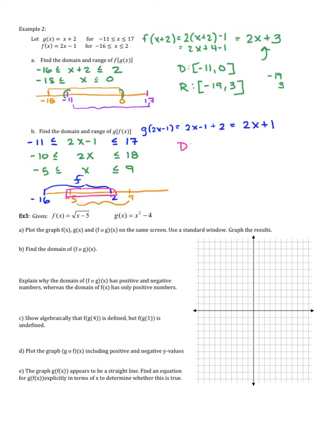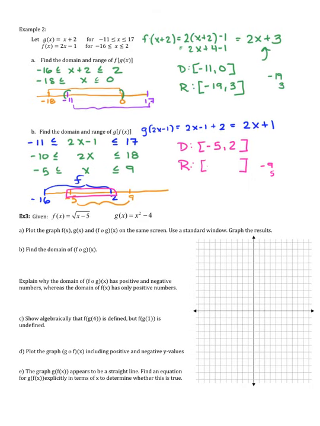So my domain is going to be from negative 5 to 2, and the range is going to be what I get when I plug that in. So negative 10 plus 1 is negative 9, and plugging in 2, 4 plus 1 is 5, so this will be from negative 9 to 5.